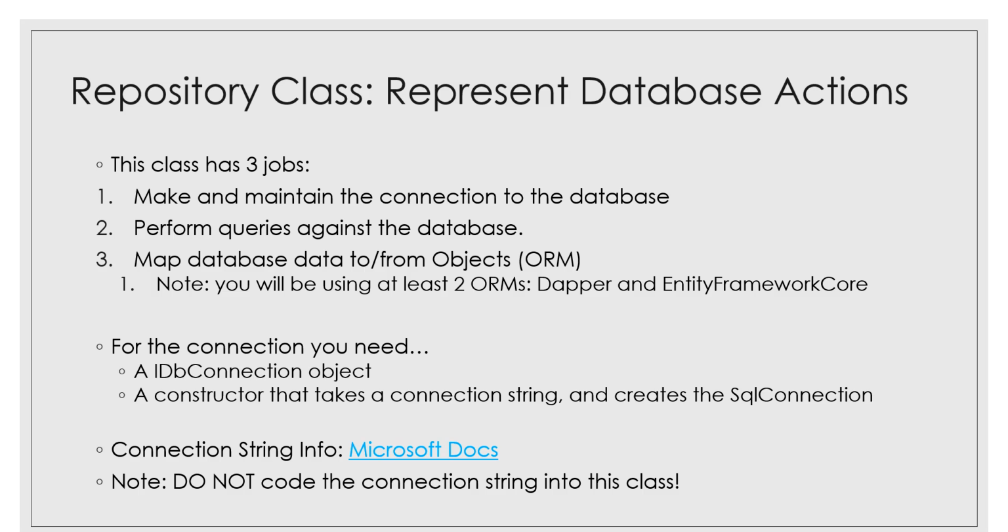Okay. So as I said, the repository class will represent database actions. It'll give us methods that we can call. Three main jobs. It has to look after talking to the database, make and maintain the connection to the database when it's needed, perform queries against the database, and of course, we can do queries in a number of ways. We can write our SQL commands, select star from, for example, insert into, and so on and so forth, and we can execute those directly. Or, as we had talked about or hinted earlier on, stored procedures are a wonderful way to interact with the database.